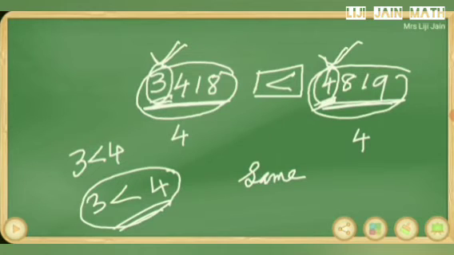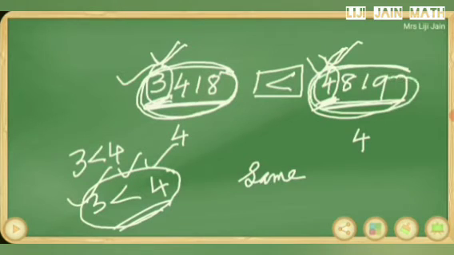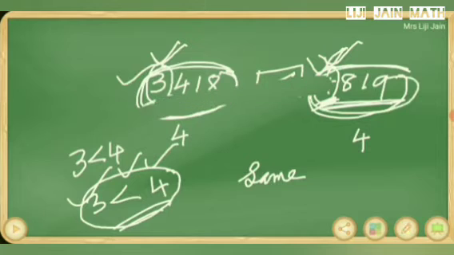Understood? We have to consider the first digit of both numbers, and since 3 is less than 4, this number is less than 4819. Have you understood? Got the concept?